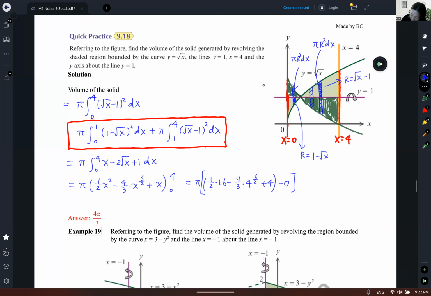I hope. I think so. Eight, 12 minus 12 minus 32 minus, I think so. 12 minus 32 over 3. Correct.